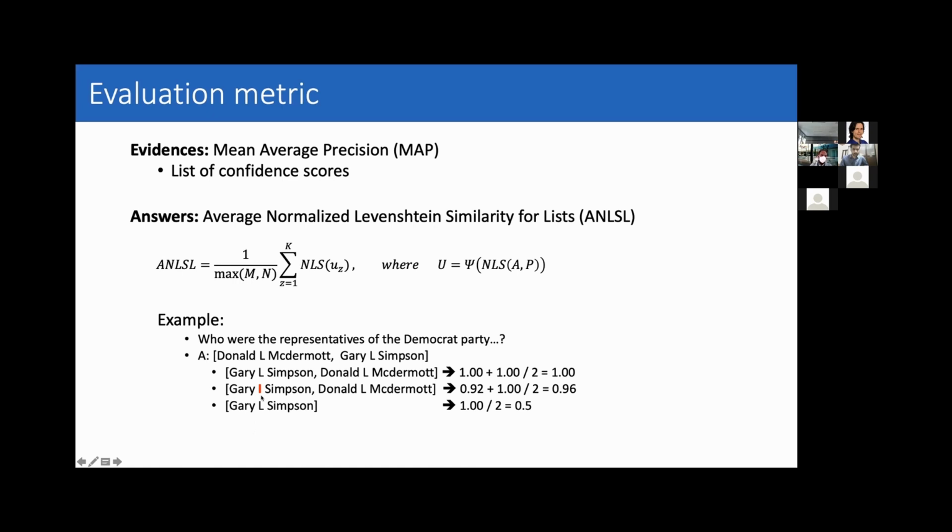But if the method has some OCR recognition error, as we are using the normalized Levenshtein similarity, we only smoothly penalize it. And finally, if the method provides more or fewer elements or answers, even though they are correct, we consider that they are not complete. So we also penalize it.